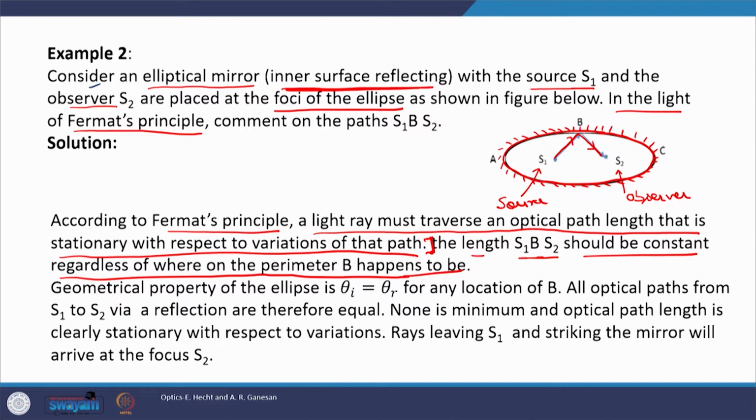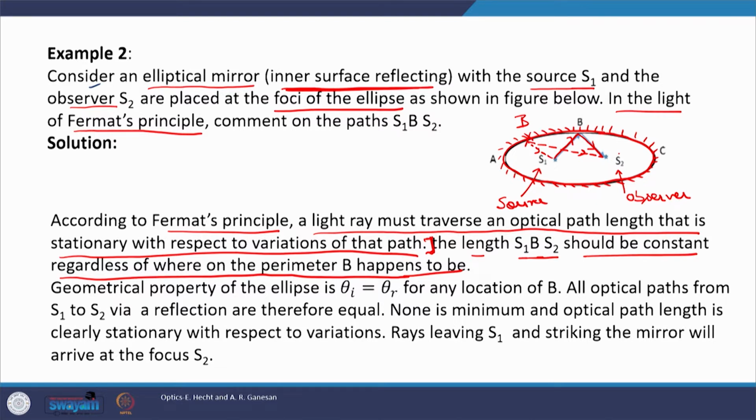What this statement says is that the path length S1 B S2 should be constant irrespective of the positioning of point B, irrespective of the point of reflection. If we choose another position for B, say B is here, then this path starting from S1 going to the new B and then coming back to S2 must be equal to S1 B S2.